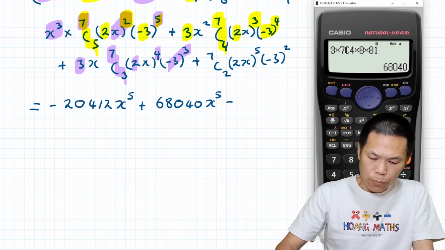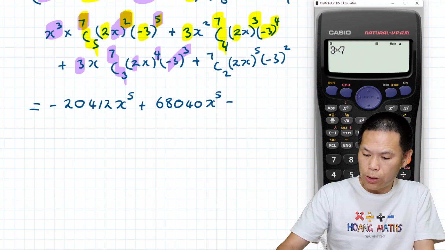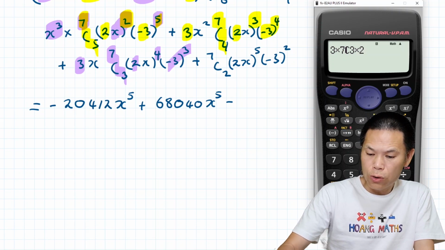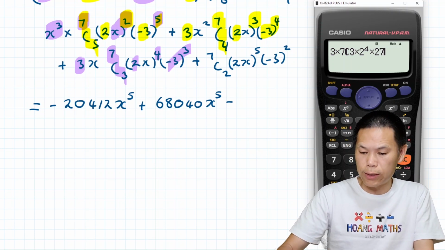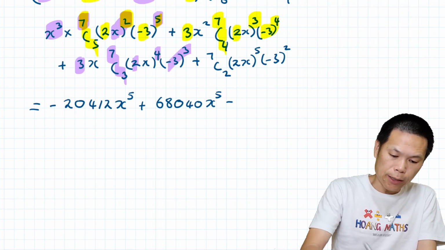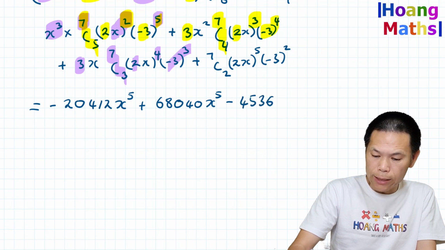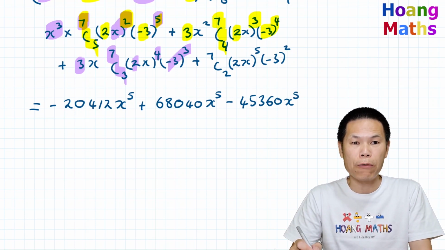So just go 3 times 7c3, and we times 2 power 4, or we can just times 16 really, and times 27 because 3 power 3 is 27. So there you go, 45,360, and x power 5, because x times x to the power 4 will give me x power 5.